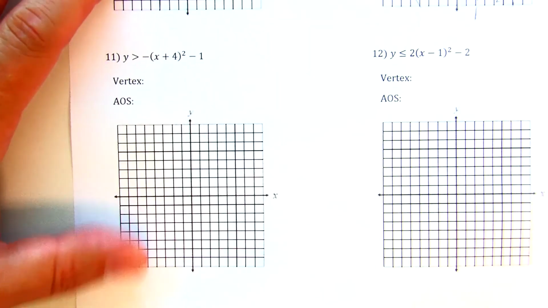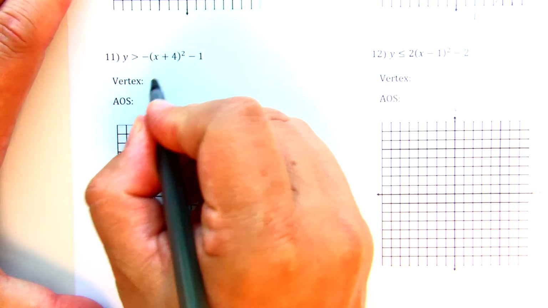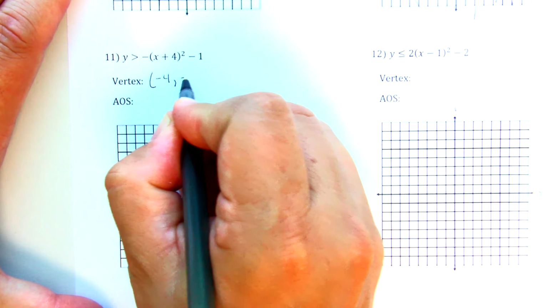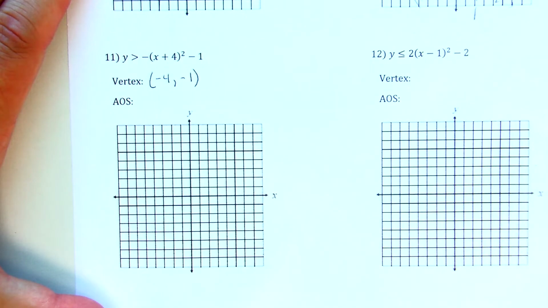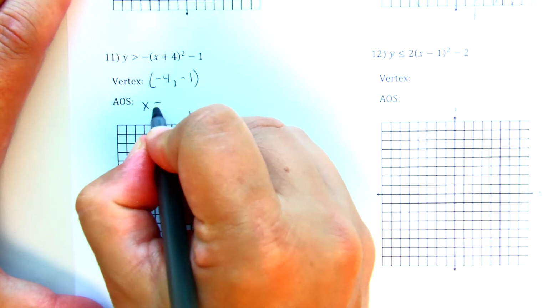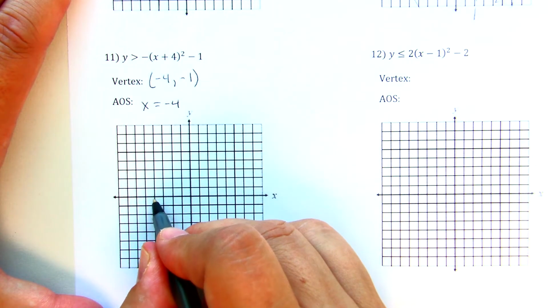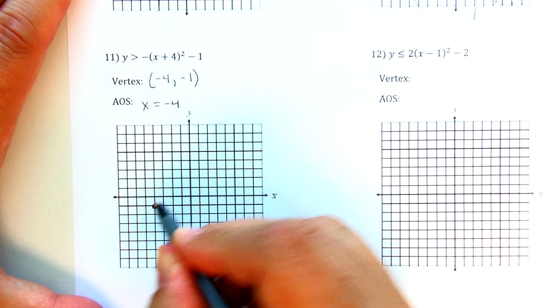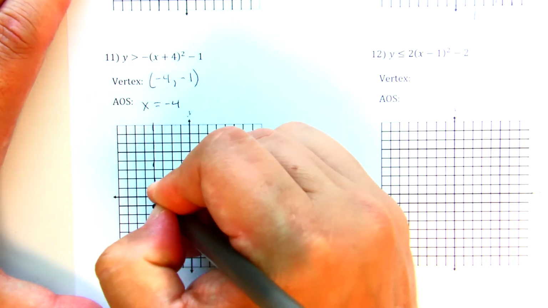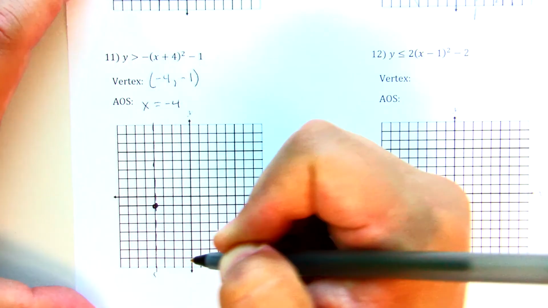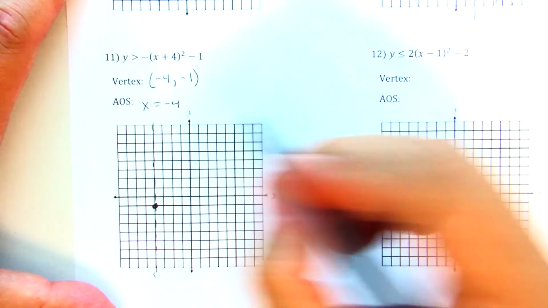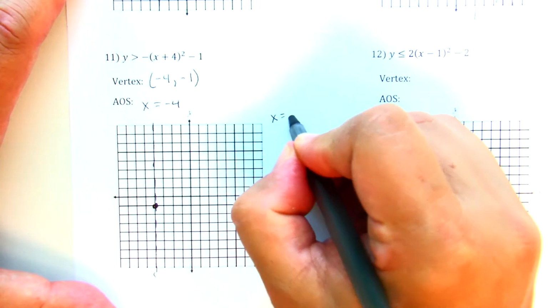Let's try another one. Was fun, wasn't it? Okay, the vertex is going to be at (-4, -1). Axis of symmetry is at x equals -4. So let's see, (-4, -1). Axis of symmetry goes right through here. And we'll go 1 to the right to find one more point.